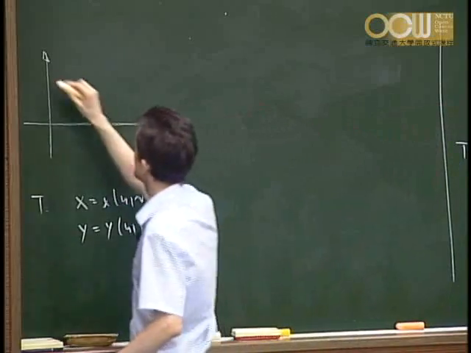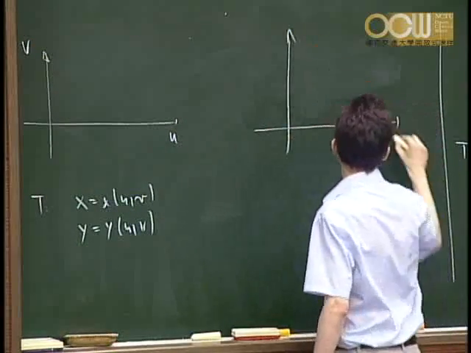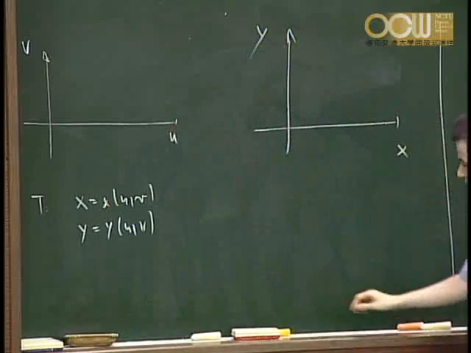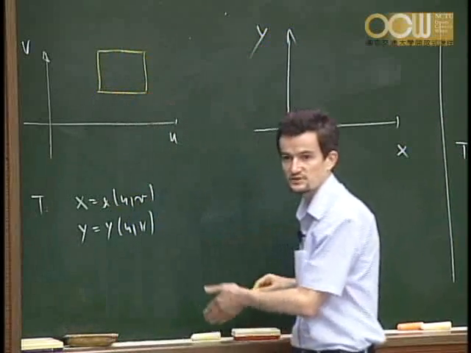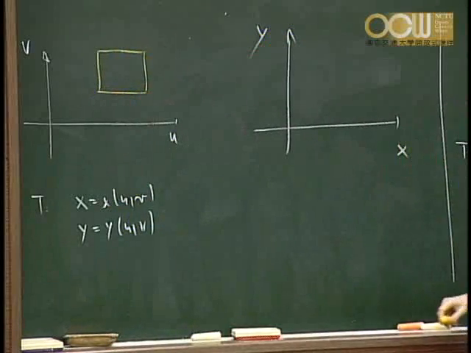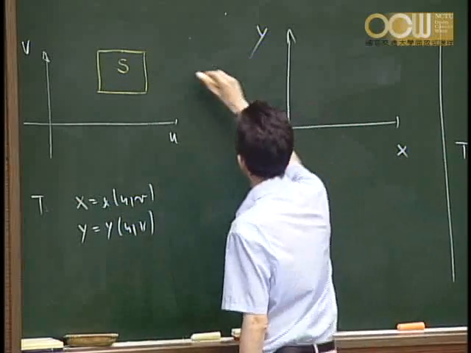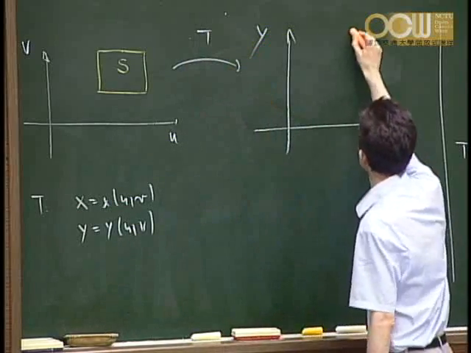So here you have UV, and here you have XY. Here we have our S. Our S may be, like in the situation which we just saw, a rectangle. So this is our S. And under the transformation, you get here some region R.